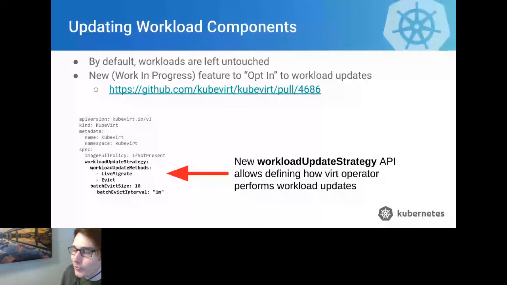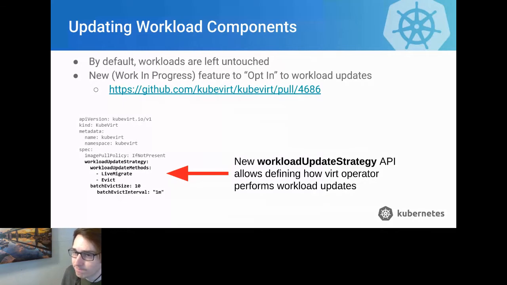So right now, I have two methods you can use. The first one's non-destructive. It's the live migrate method, which is going to cause a VMI workload to migrate into an updated pod with all the new components.